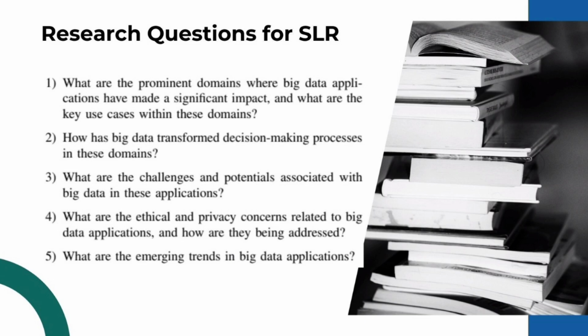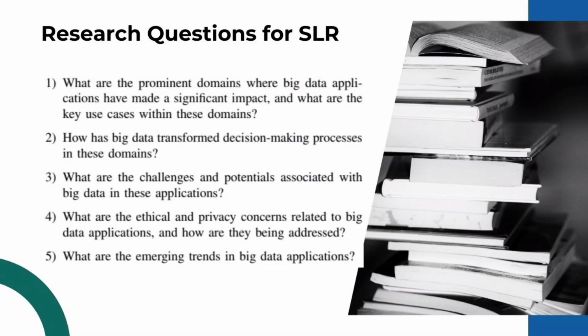The fourth question is, what are the ethical and privacy concerns? Where we discuss big data, we have to focus on privacy concerns, because where there is data, there are privacy concerns, and particularly with big data, it is absolutely necessary to discuss privacy issues.